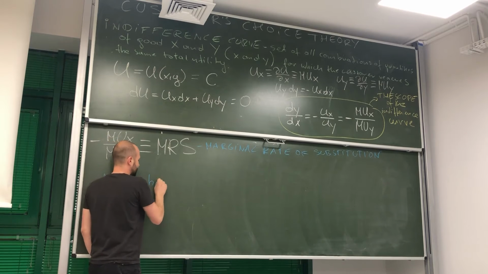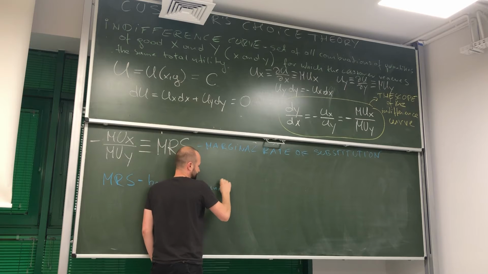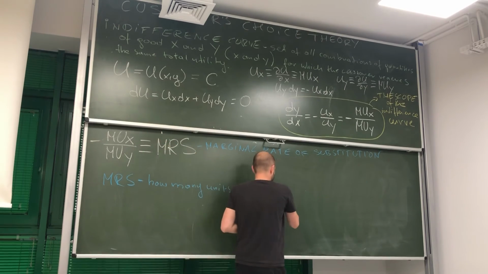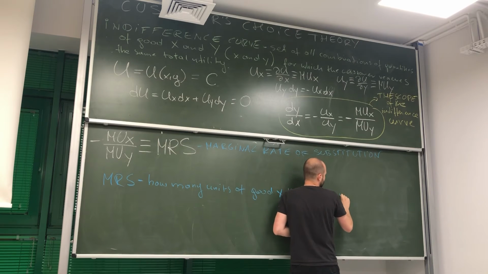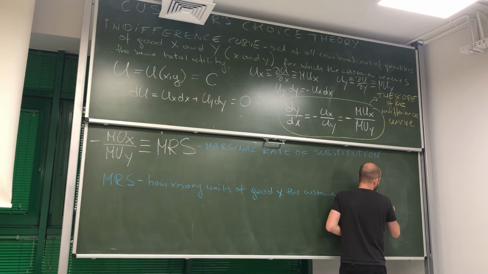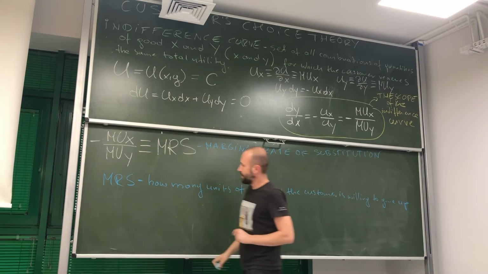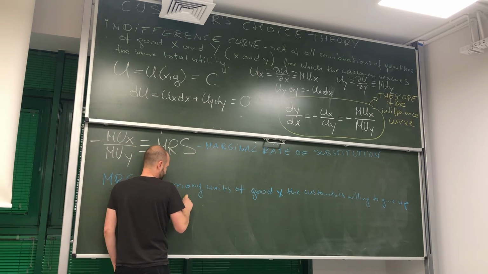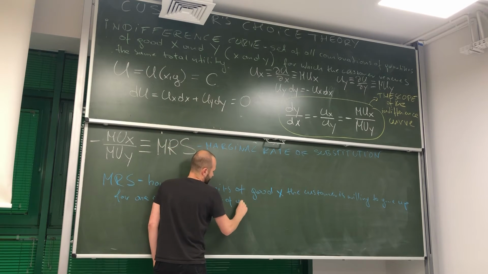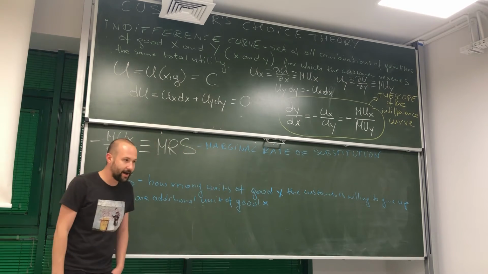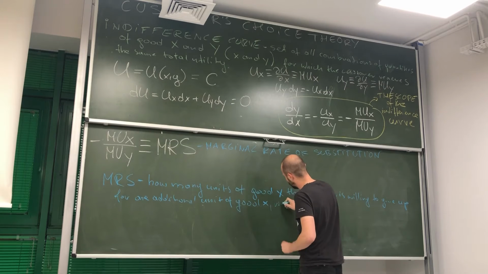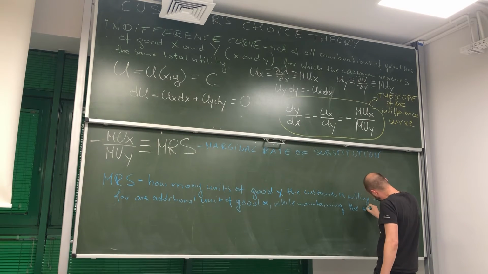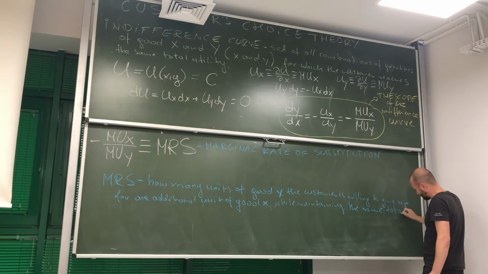Well, it tells us how many units of good X the customer is willing to give up for one additional unit of good Y while maintaining the same total utility.